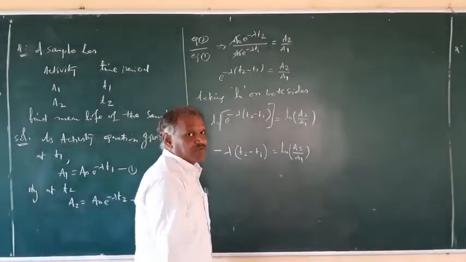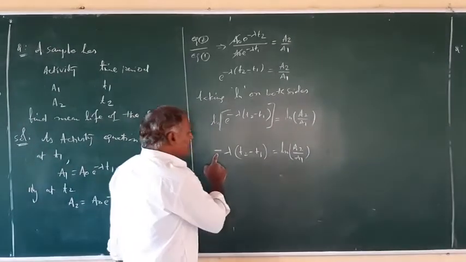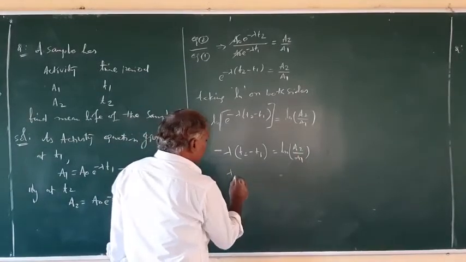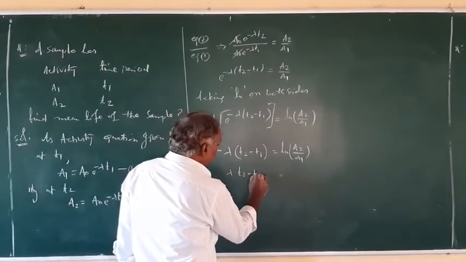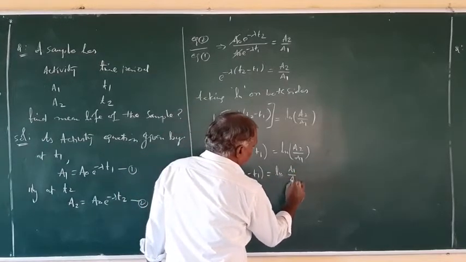1 by lambda is nothing but the average lifetime period, or mean lifetime period. So we want this minus to be removed, just by interchanging: lambda into T2 minus T1 is equal to ln of A1 by A2.